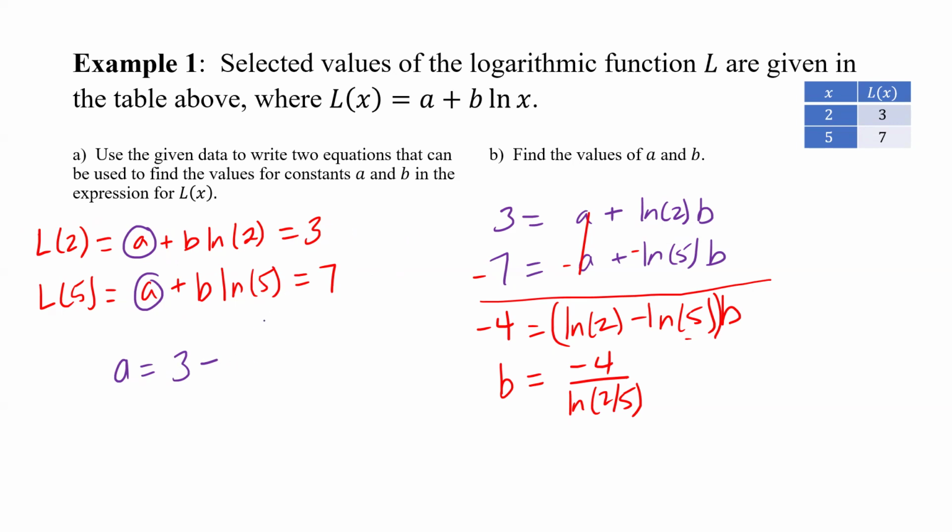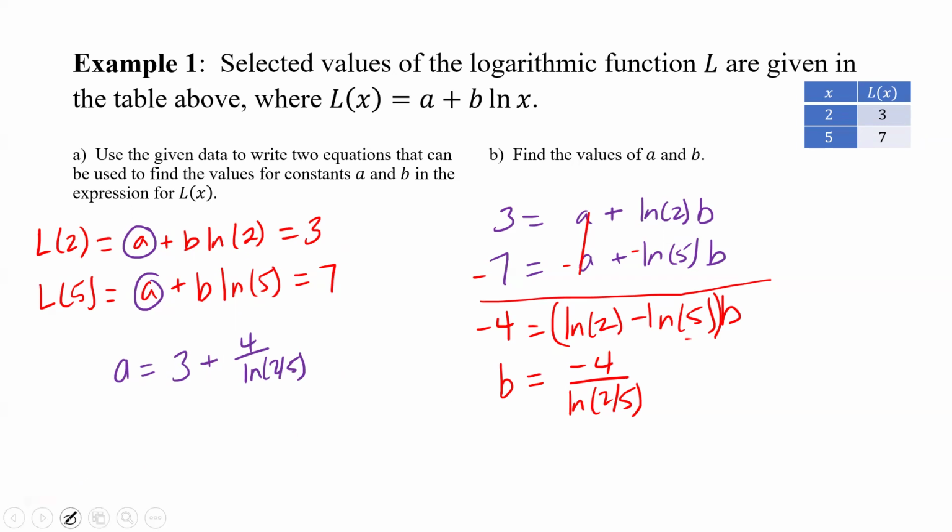No. I just thought we were okay with me writing it here. Is that okay? Okay. 3 minus, and b is -4. So plus 4 natural log 2/5. I have a negative -4. So it would have been minus, and it's already a negative.